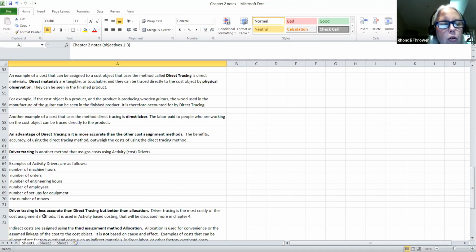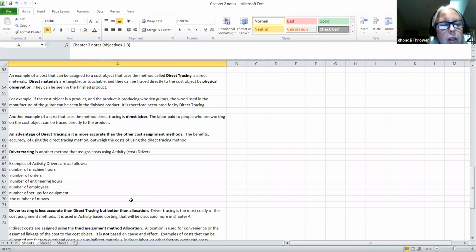So driver tracing has to do with the number of machine hours that are driving the actual activity, or the number of orders that are driving the purchasing activity, or the number of engineering hours that are driving the cost of our engineering. So driver tracing is more costly.